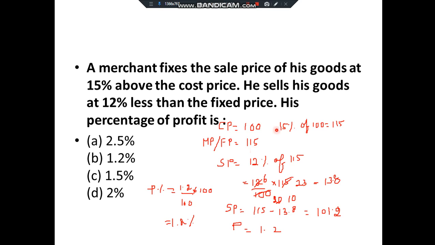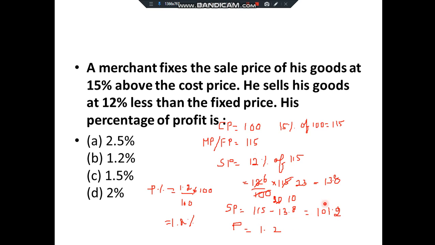Next statement says he sells his goods at 12% less than the fixed price. So from the marked price you will have to reduce 12%. So how will we find? First find 12% of 115, which is 13.8. Okay. Now subtract it from the 115 marked price. So you get the selling price, which is equal to 101.2.